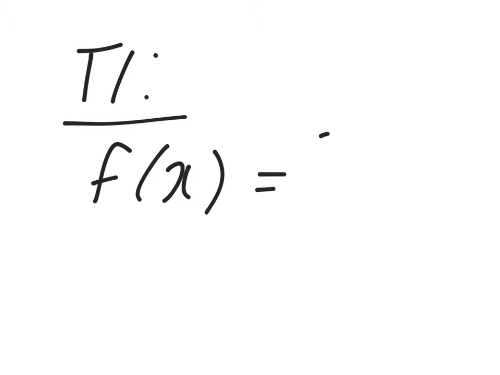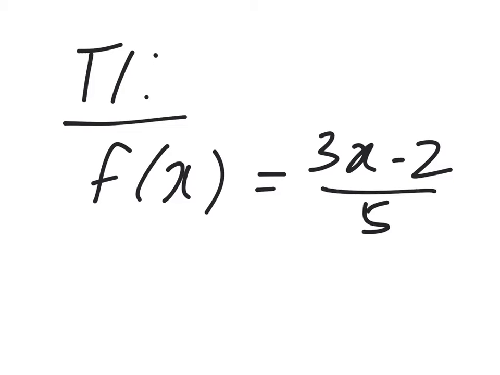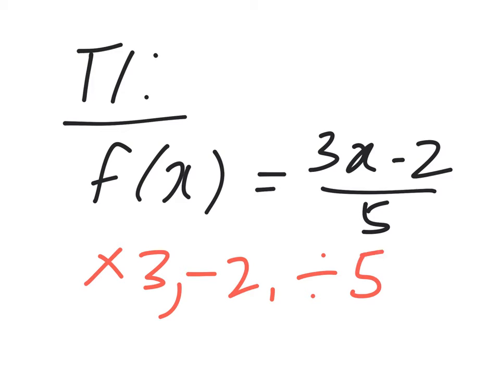We have f of x equals (3x minus 2) over 5. So let's describe what that function f does to its input x. Well, firstly, it multiplies it by 3, then it subtracts 2, and then it divides by 5.